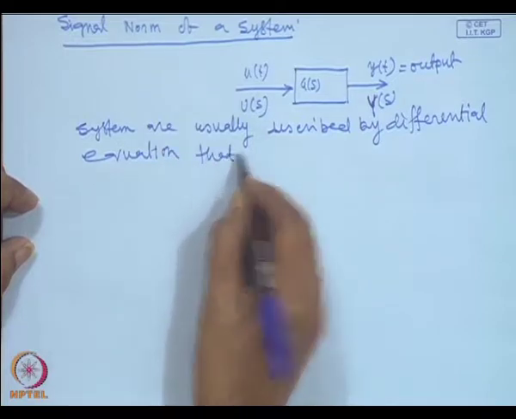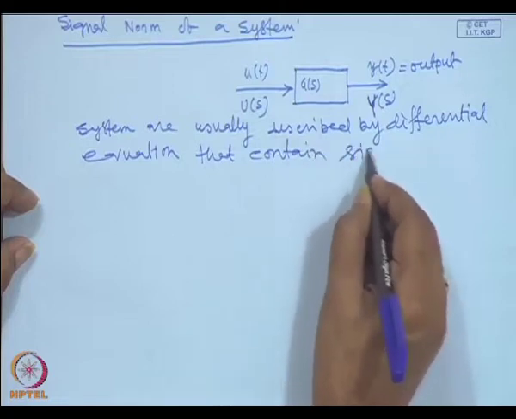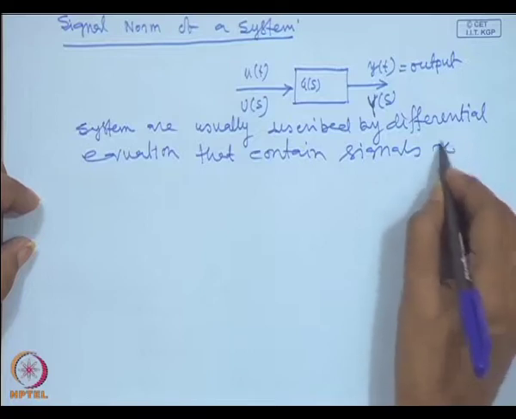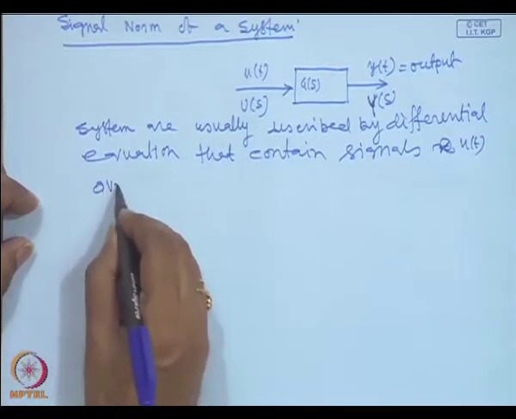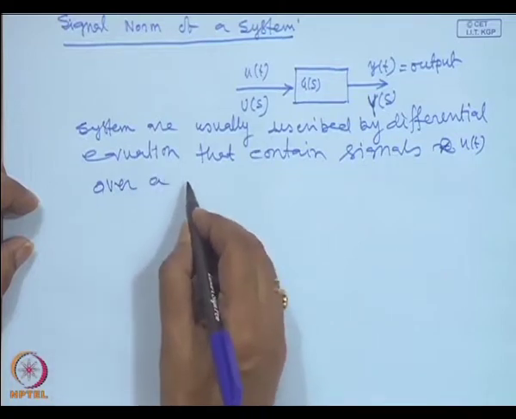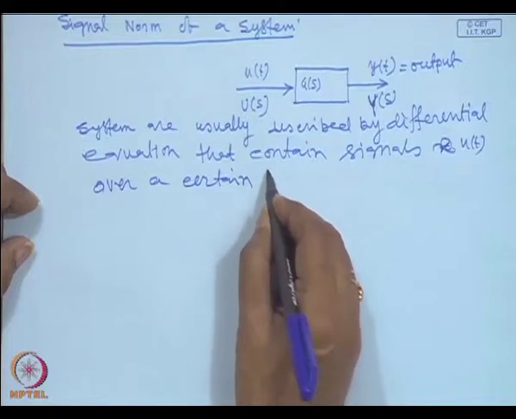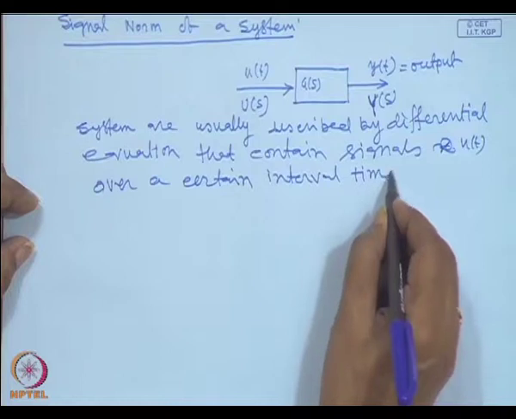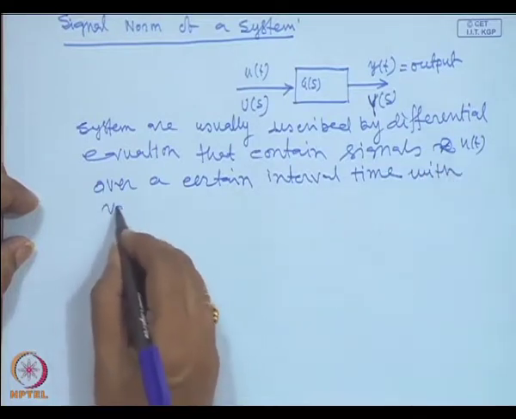that contains signals, let us call u of t, over a period of time, over a certain interval of time, with varying amplitude.